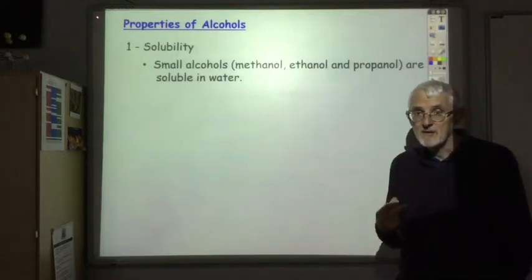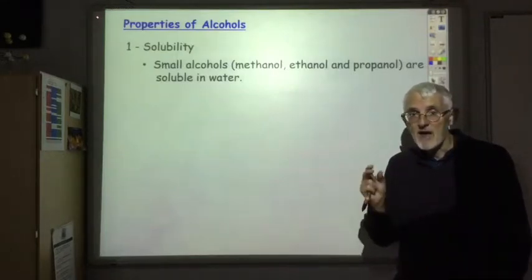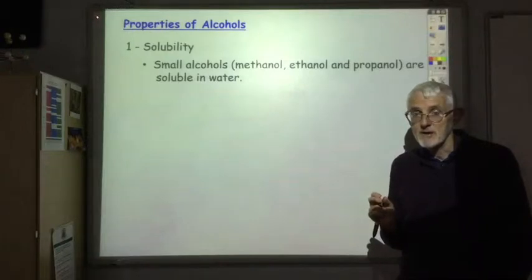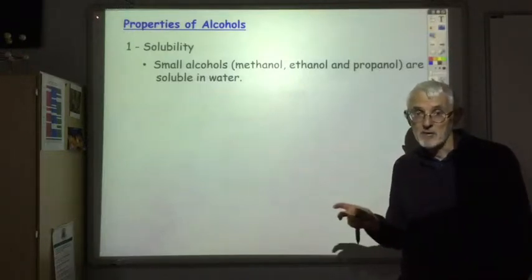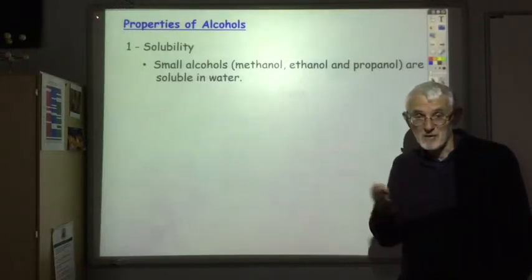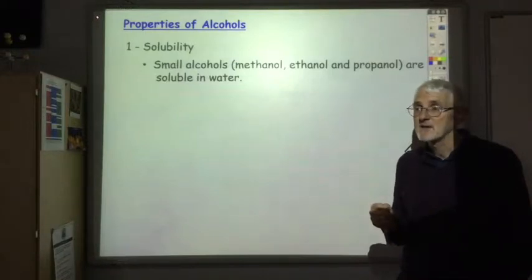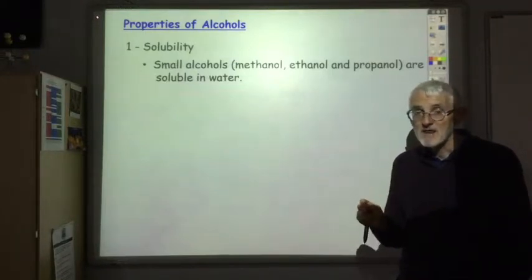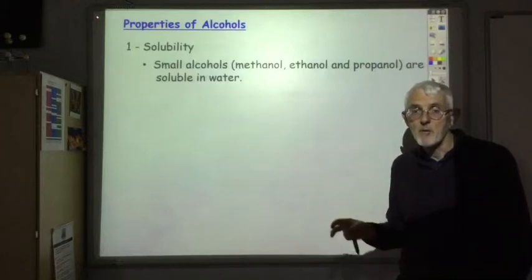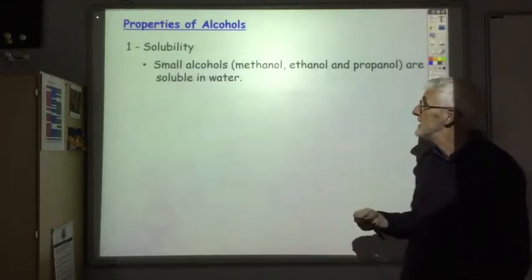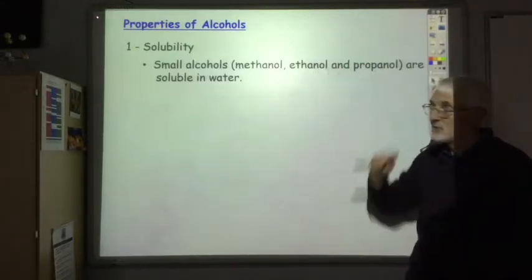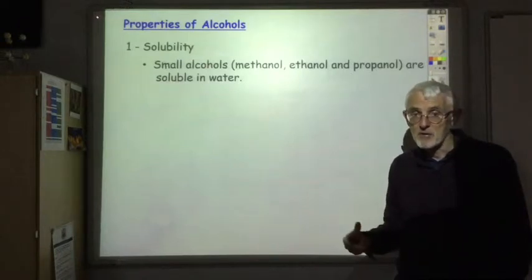The way I like to think of it is, because they've got that OH group, they've got something similar with water, because water's kind of got two OH groups. So the small ones are similar and have enough in common with water that they mix well with it. So methanol, ethanol and propanol all mix very well with water.